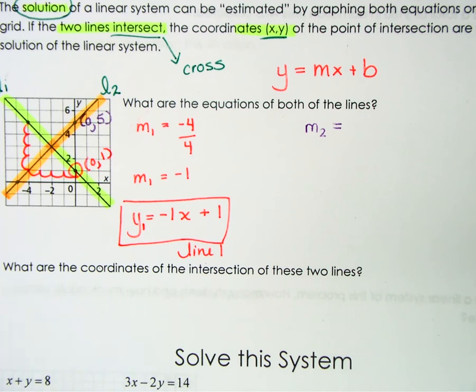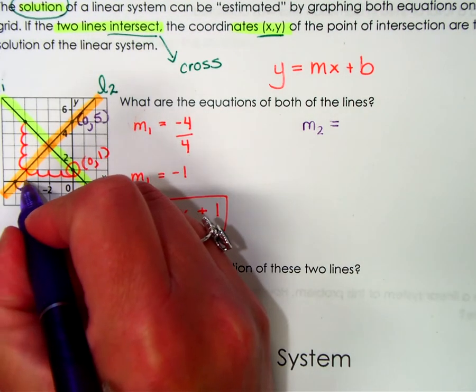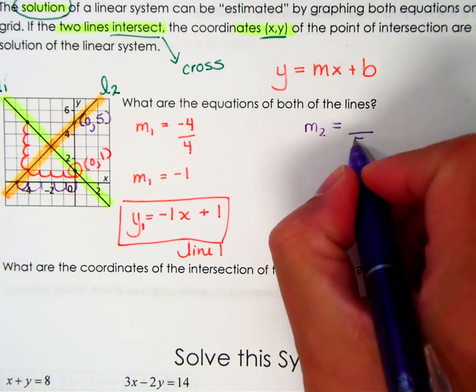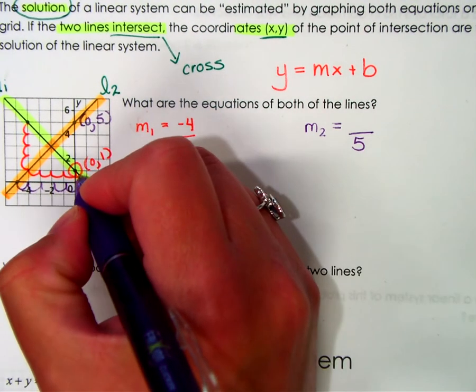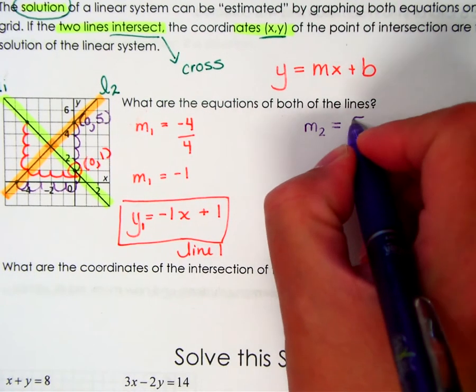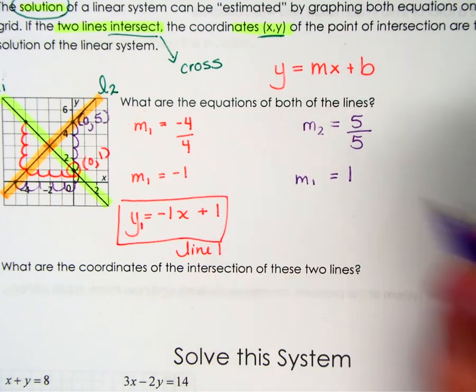5 over 5. So we're going up, well, let's go 1, 2, 3, 4, 5. So we went 5 right, so that's my denominator. And then we're going 1, 2, 3, 4, 5, and we went 5 up. So that's going to be a positive 1.